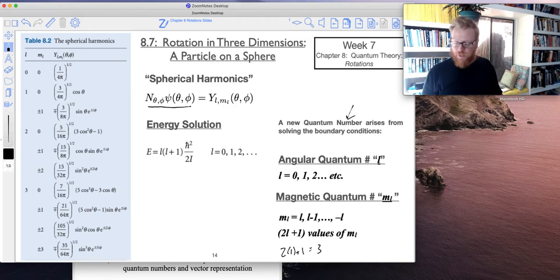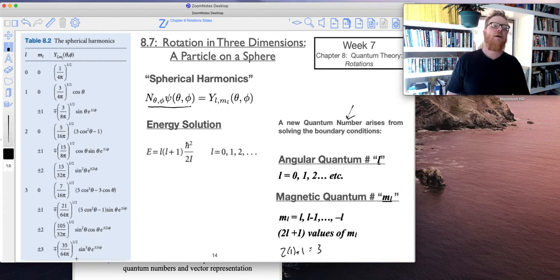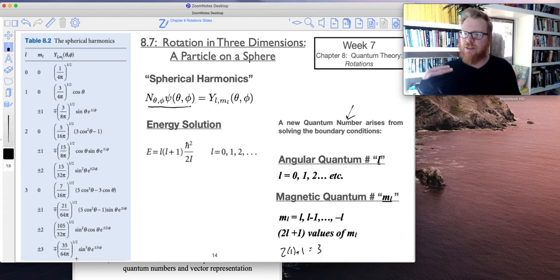Okay, a couple other things to point out before I wrap up this lecture. These spherical harmonics, much like the Hermite polynomials, really start to blow up when you add in their quantum number dependence. So for example, when you have L equal to 0, and then of course M_L, the only value you can take is 0, because, right, 2 times 0 plus 1 is just 1.